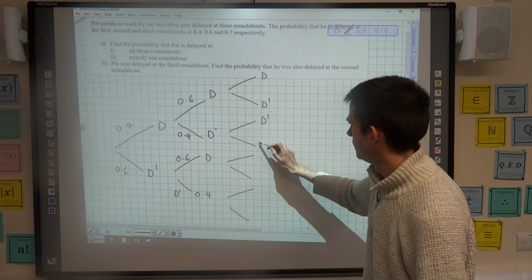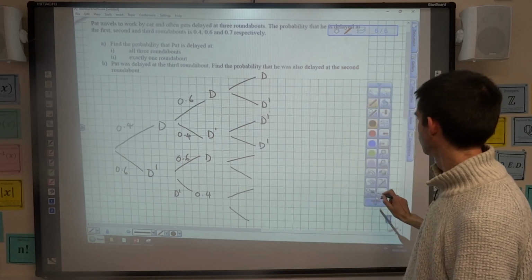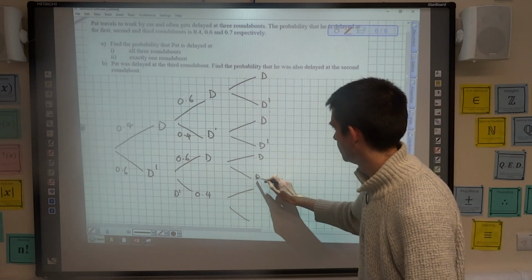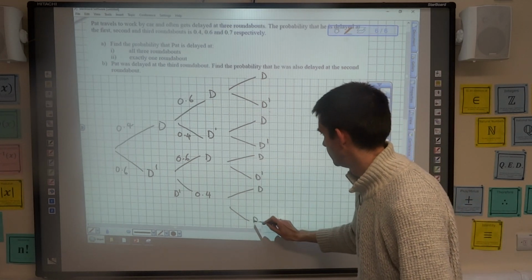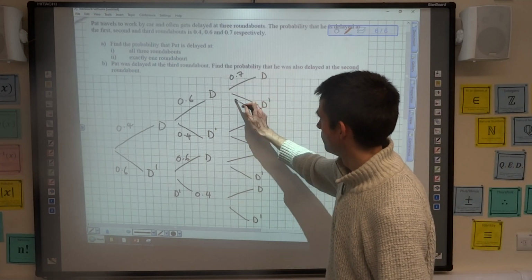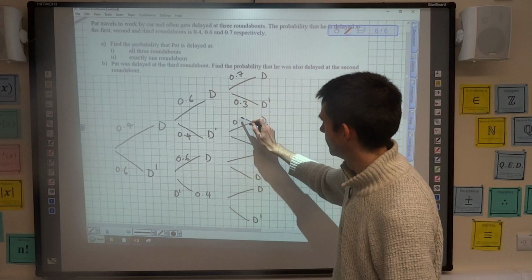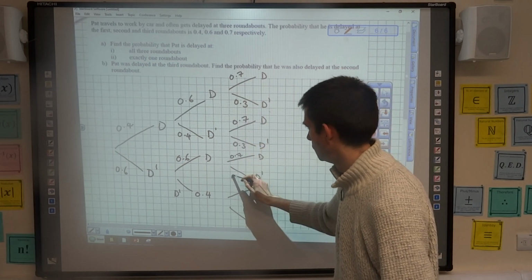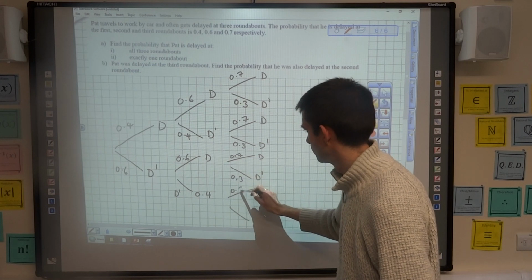Probability to be delayed at the third one is 0.7. So not being delayed 0.3, and it's going to be the same all the way down.